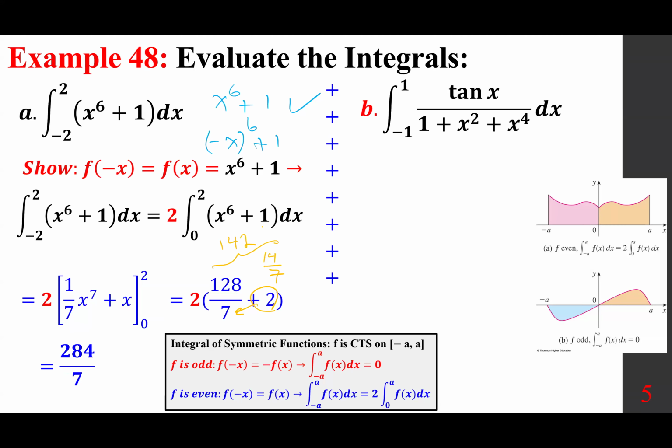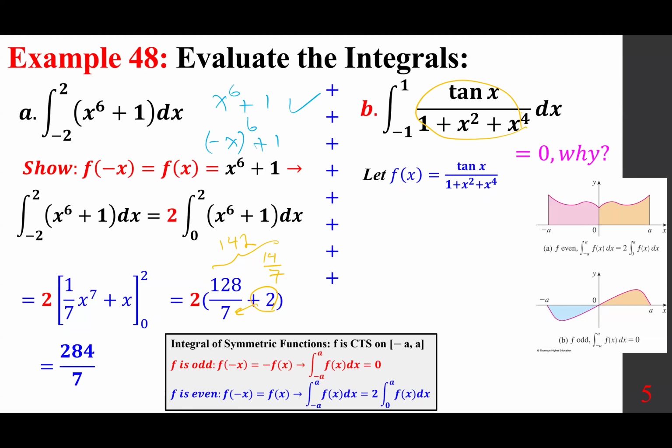What about the integral of tan x over 1 plus x squared plus x to the power of 4 dx from negative 1 to 1? This is 0. Why is that? Well, all you have to do is prove the function is an odd function. By the way, we don't have any tools yet to integrate that.